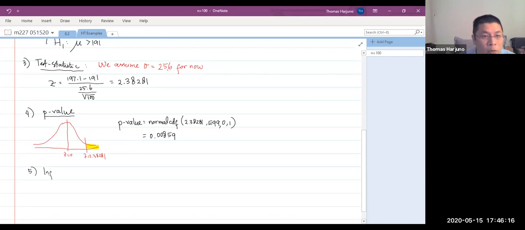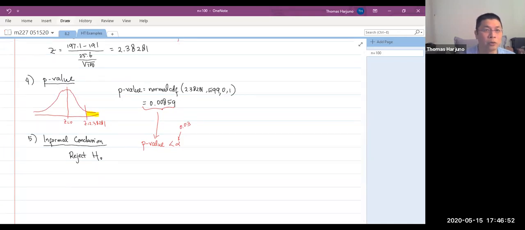So my informal conclusion will be to reject the null hypothesis, again because my p-value is less than alpha. My alpha is 0.03. Therefore, we reject the null hypothesis, but where's the claim?